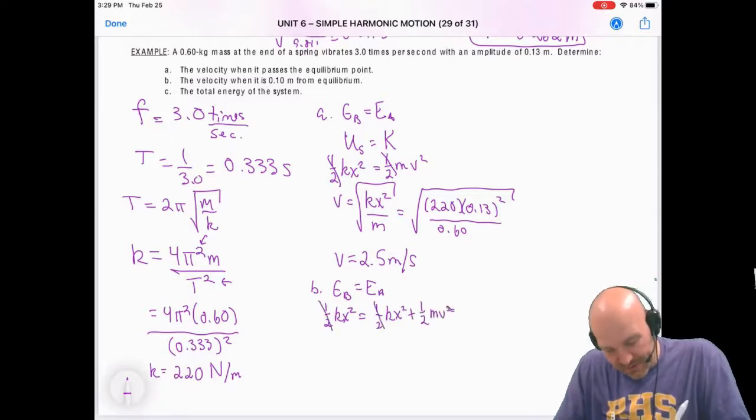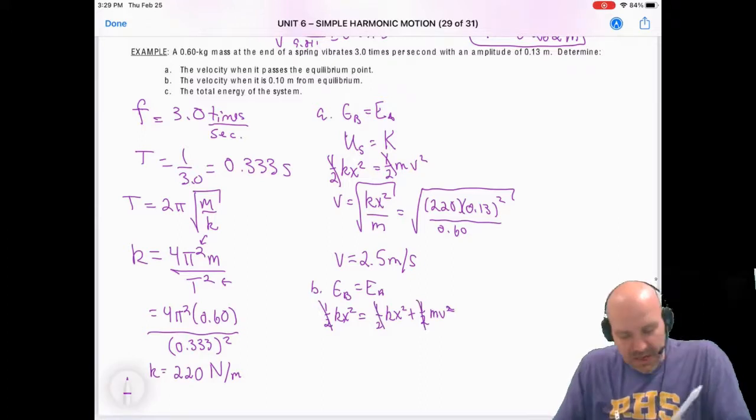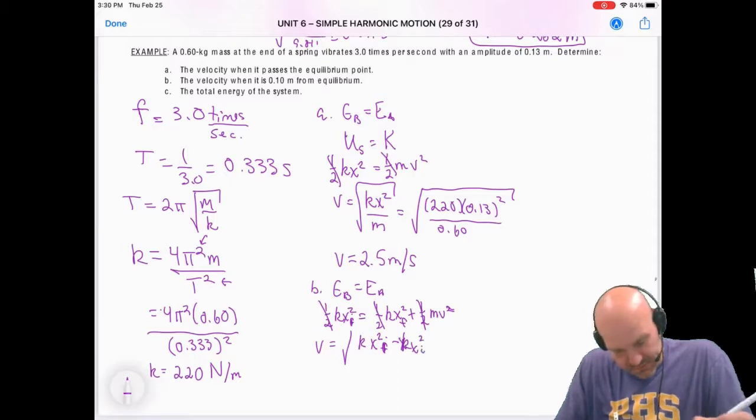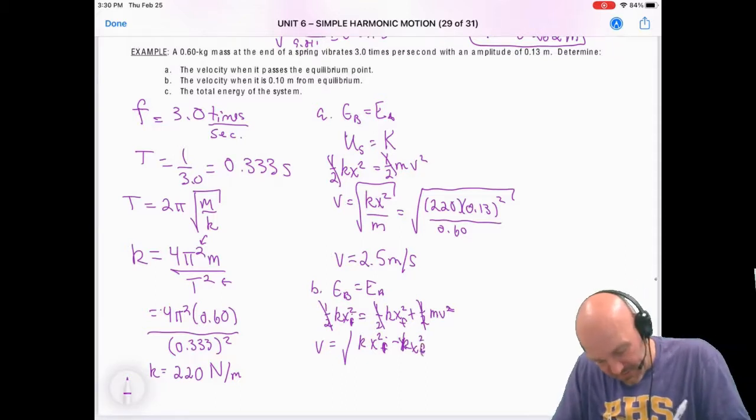But again, the good thing is these 1/2s go away, and you do a little bit of algebra. So this is initial, final. I'm going to end up with the square root of kx² final, or initial, sorry, minus kx² initial, sorry, final, I got them backwards, divided by mass.